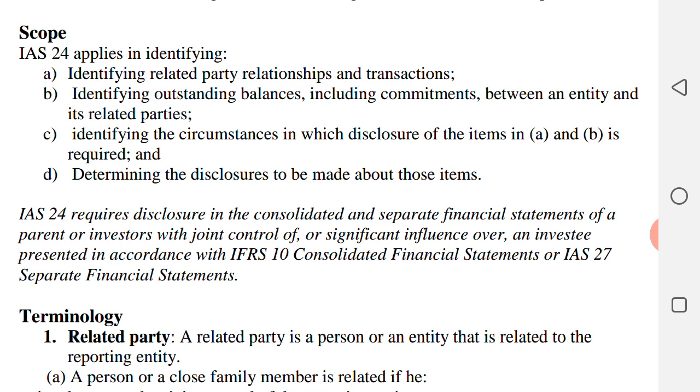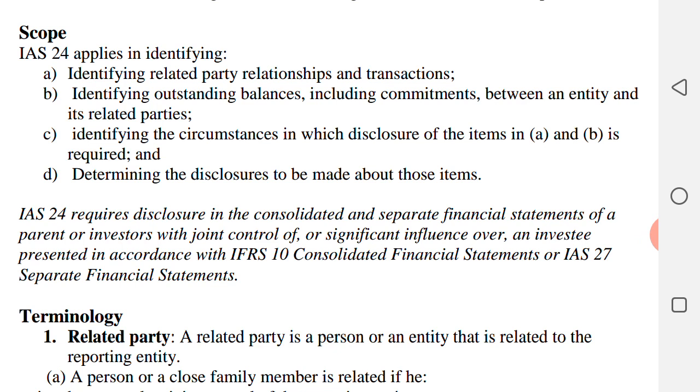That means you don't have to disclose the related party transaction. Now, another thing that you must look at is materiality. What do we mean by materiality? According to the definition in the IASB, materiality is any omission or inclusion of a particular transaction in the financial statements if the omission or the inclusion will affect the decision making of the intended users. So we said that item is material.